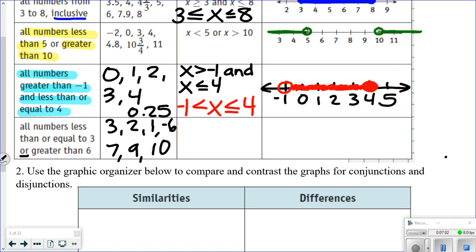Because we have the word or here, I know I need the word or in my answer. So all numbers less than or equal to 3 or all numbers greater than 6. So 2 inequalities. Draw your number line.